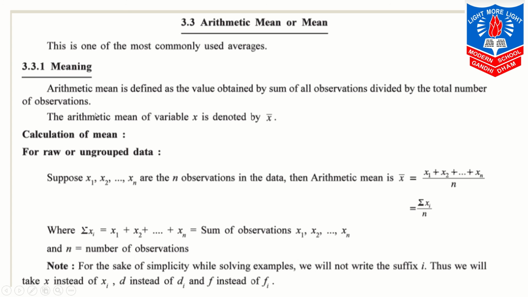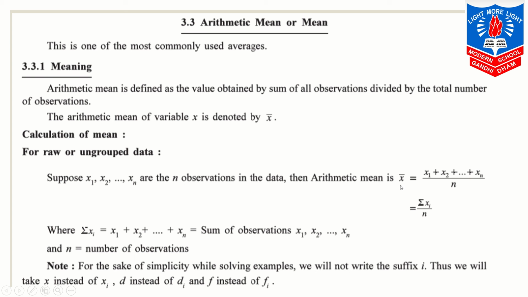The arithmetic mean of variable x is denoted by x bar. Now students, mean, median and mode are not at all new words for you people. You all know about that. Now I first start with the calculation of mean for raw or ungrouped data. Suppose x1, x2 till xn are the n observations in the data, then the arithmetic mean is x bar.